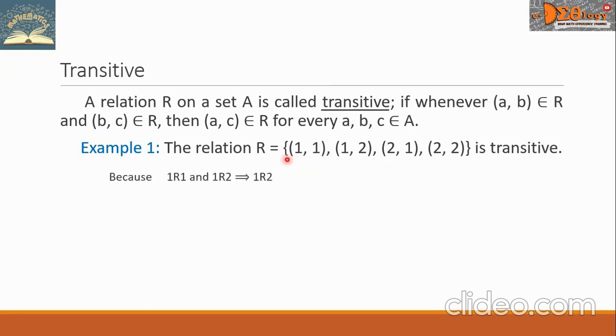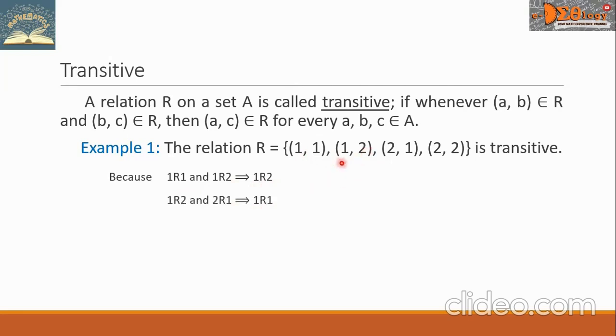We begin with the first ordered pair. 1 is related to 1, and this is connected to (1, 2), and we say that 1 is related to 2. So it implies that 1 must be related to 2, and we write 1 R 2. This 1 R 2 denotes the ordered pair (1, 2).